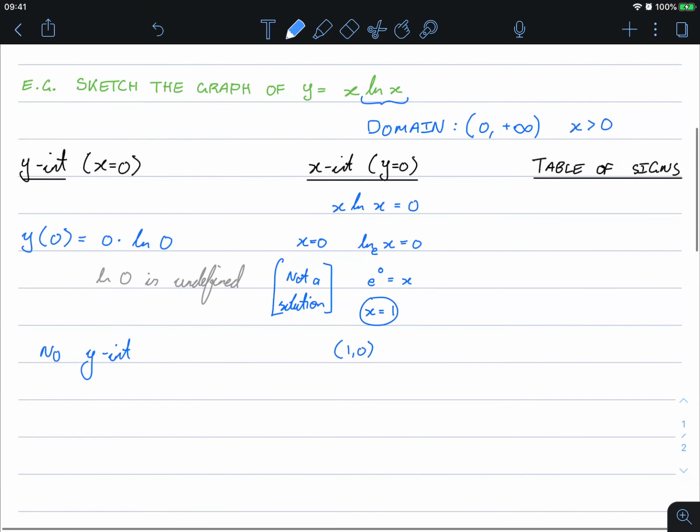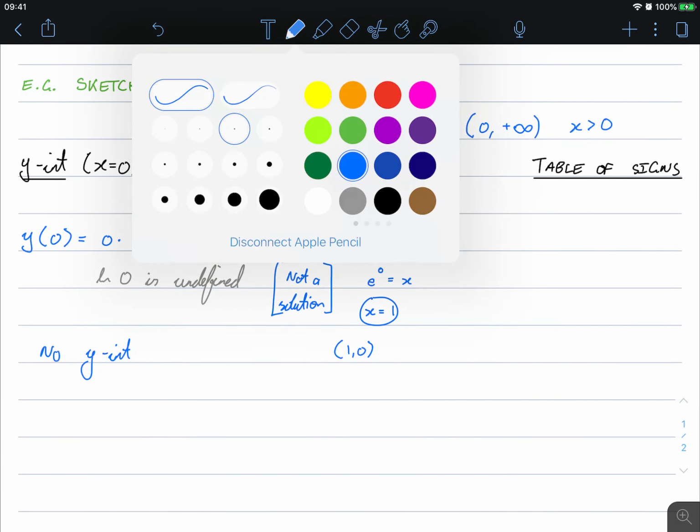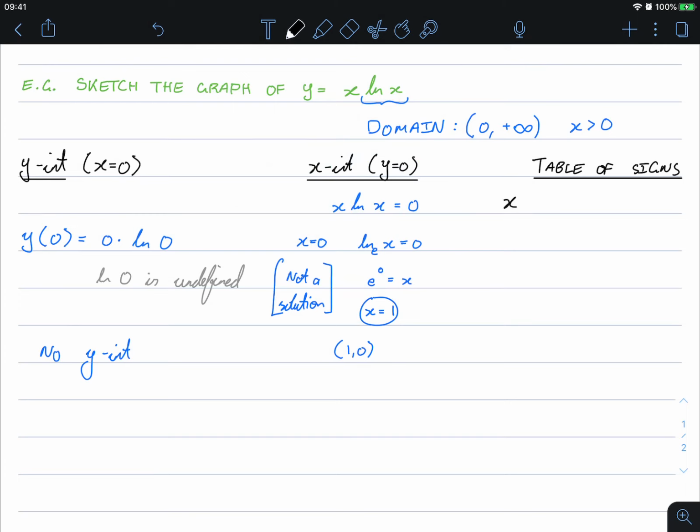The x values I'll be using are, well, 0 because it's a critical point, even though it's not included. So 0. And we need ln of x. Well, this one's undefined. We don't know. So we're going to leave this as blank.